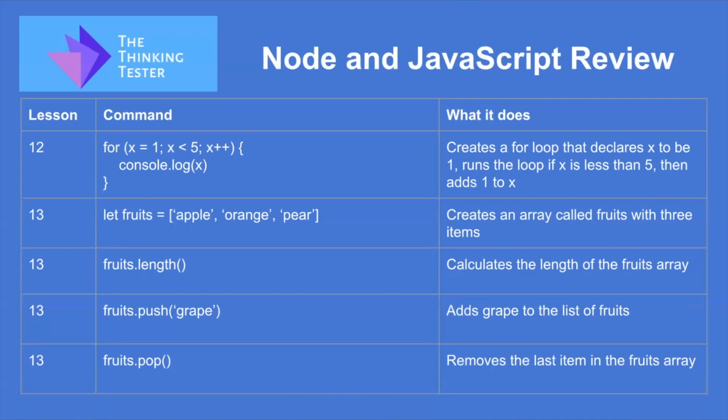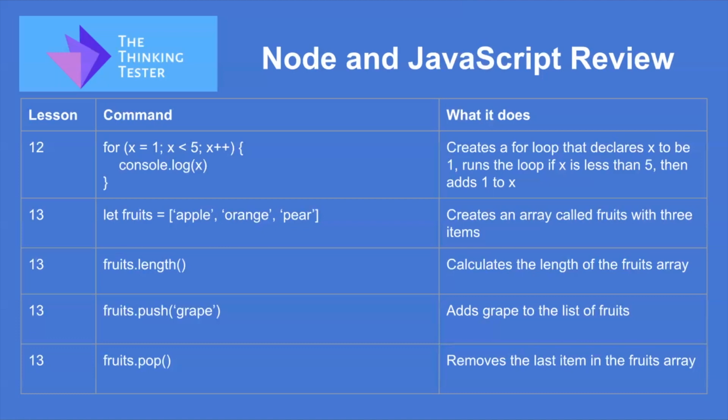We learned about arrays. So we could create an array called fruits that has 3 different items in it: apple, orange, and pear. We learned how to calculate the length of the fruits array by saying fruits.length. We learned how to add a fruit to the list of fruits by saying fruits.push and then grape.